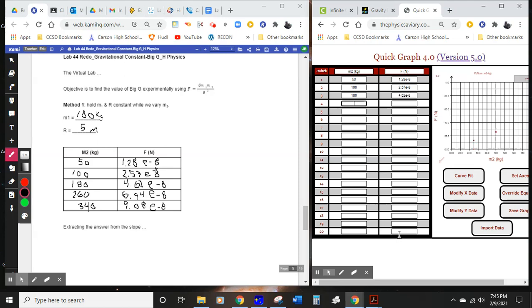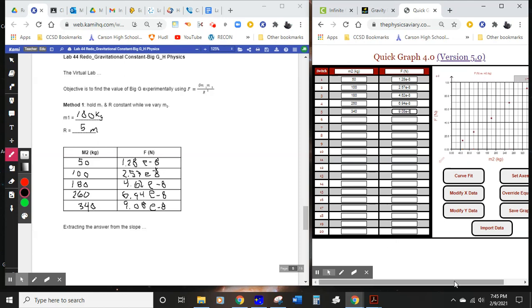And this will be 260, 6.94 E minus 8. And finally we have here 340, and this will be 9.08 E minus 8. All right, so there we go.